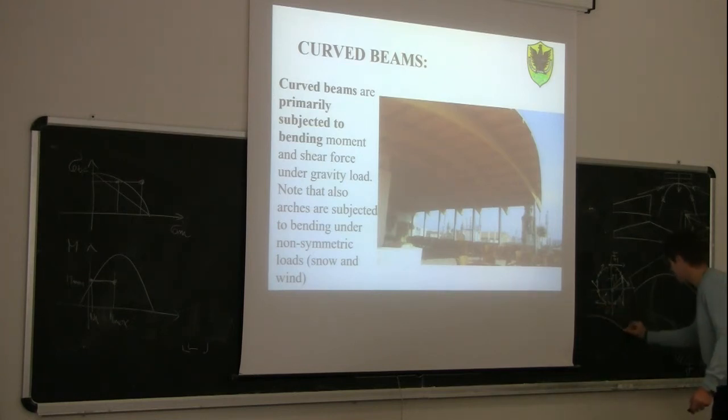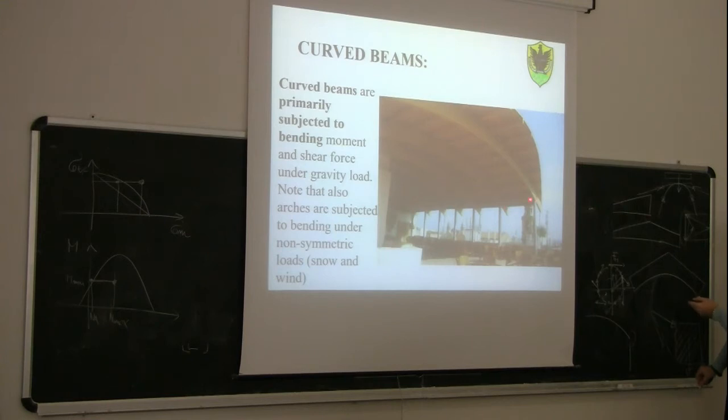So if you look, you have something like this, then you have a column. Which connection is here? Is it a fixed connection, a pin, a roller? What kind of connection is here between this and this?